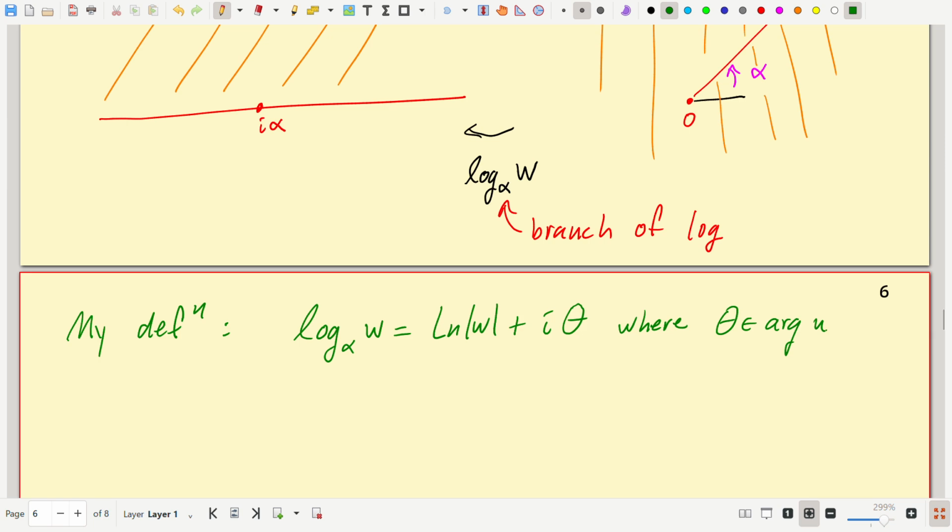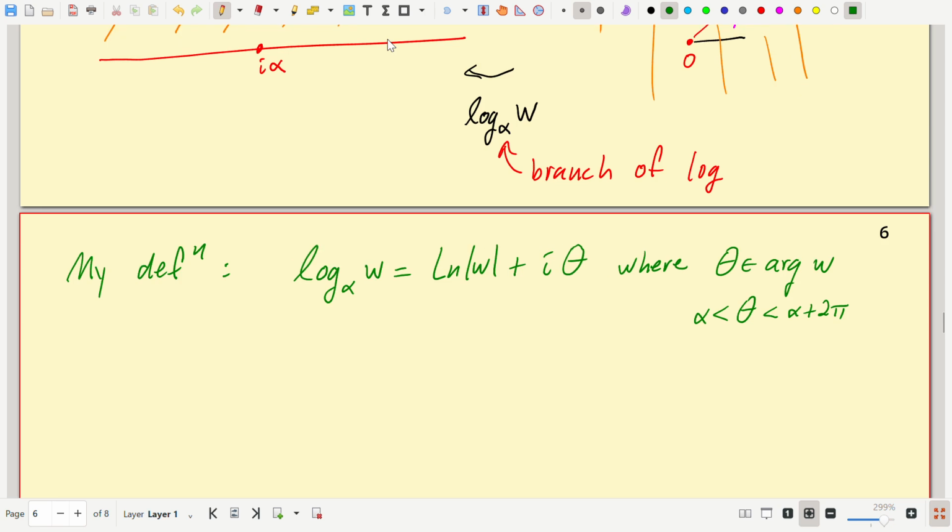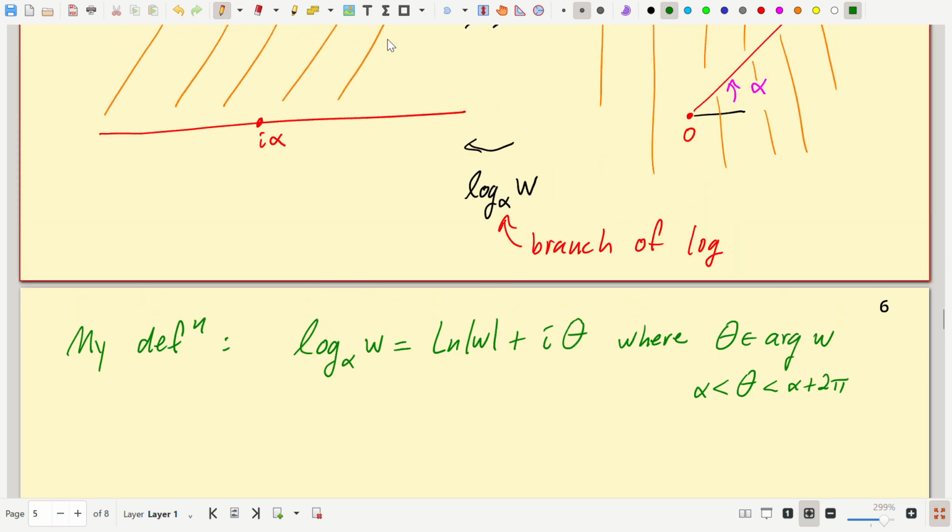It's the argument of w, but I choose the argument to be between alpha and alpha plus 2 pi. And I don't care about who wins at the ends, because I'm looking for an analytic function on the open set there. Questions about that?